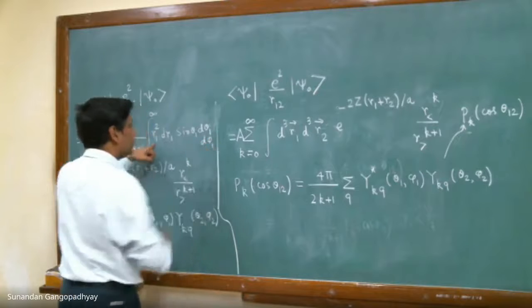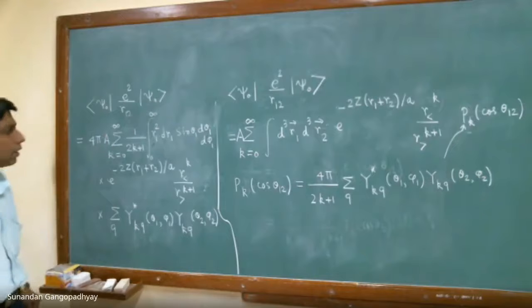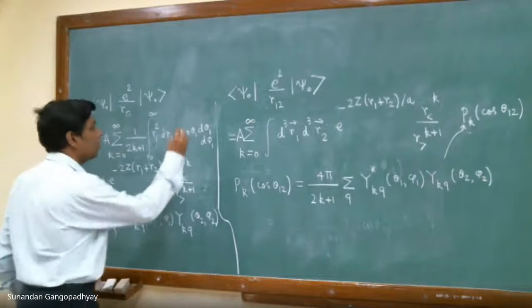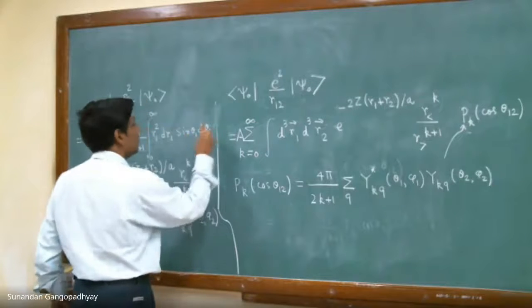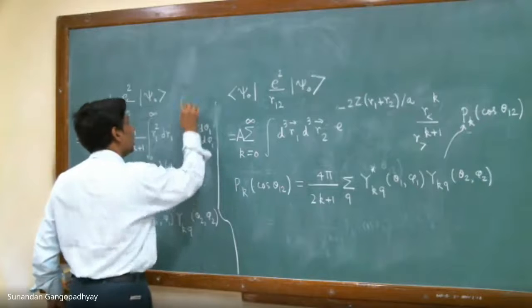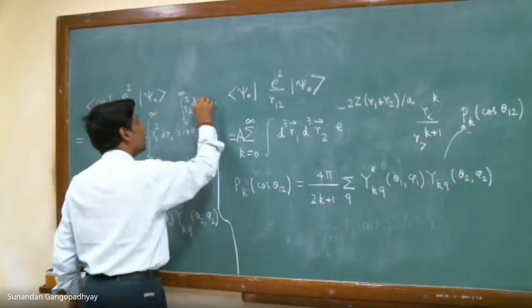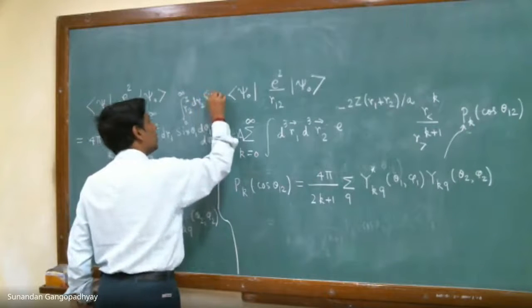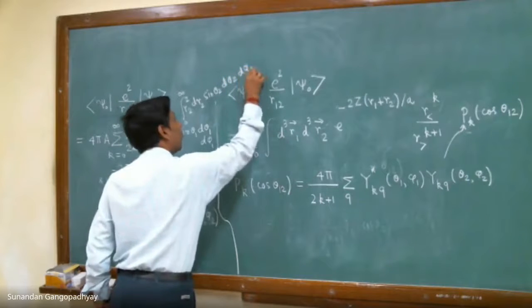That is the integration measure for the r1 integral, and similarly you have the same thing for dr2. It will be 0 to infinity r2 square dr2 sine theta 2 d theta 2 d phi 2.